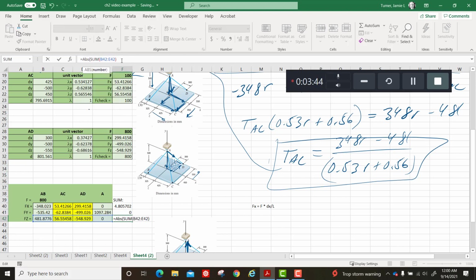Okay, so here's our absolute values. And really, I'm going to say sum of all of these. So the goal is for X, Y, and Z, all three of these, to add to 0. Get to the smallest number possible. Okay, so this is the goal right here.